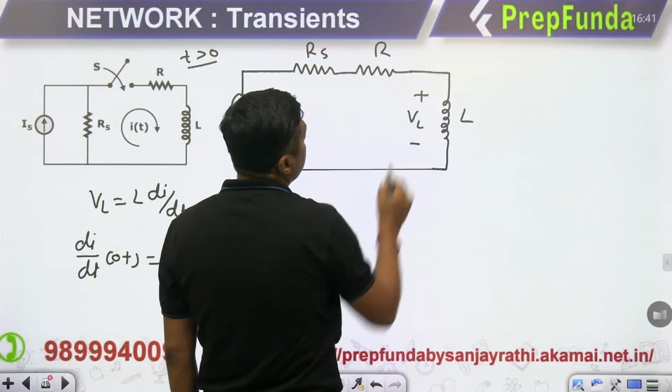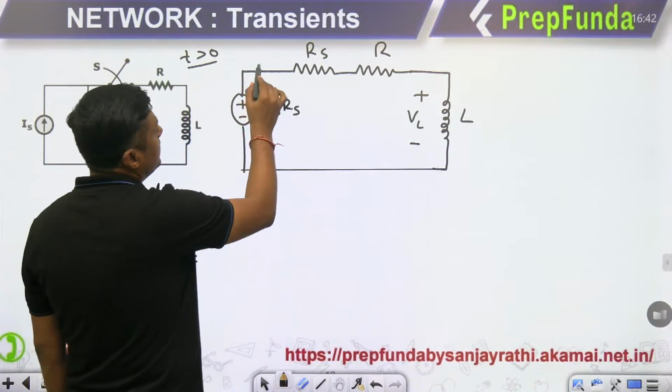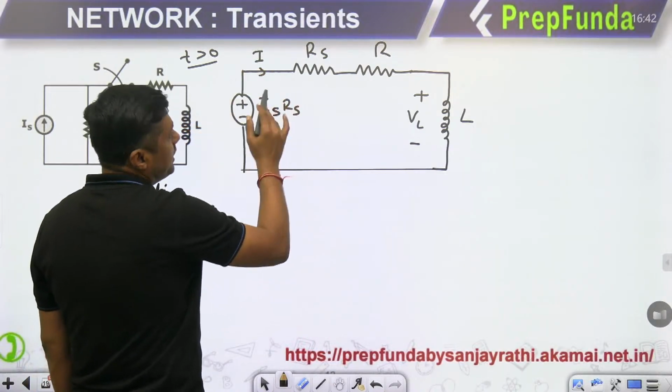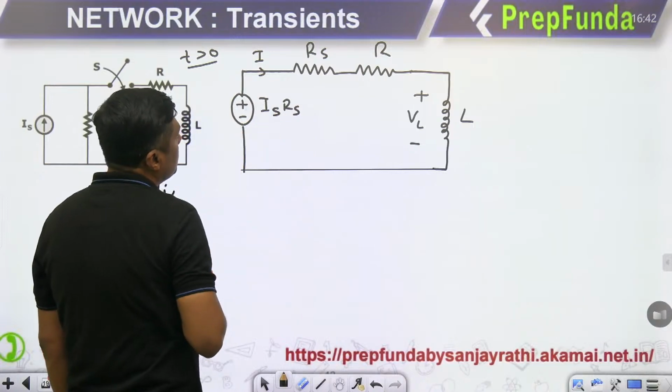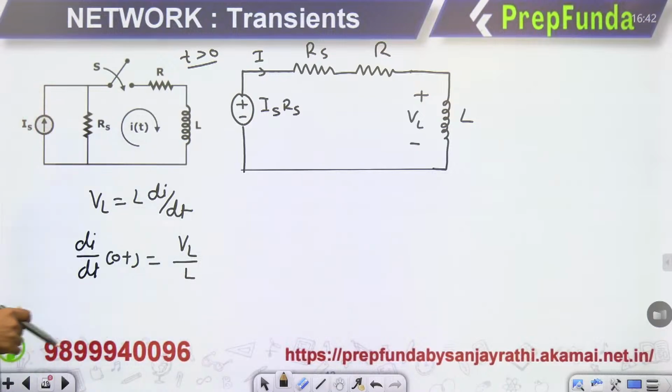How can you find it? You can find the total voltage. What is the current here? Is? Or according to the current division rule you can find it. Then no, current is not Is. So you can find the voltage across the inductor and put it here, and you will get di by dt at 0 plus.